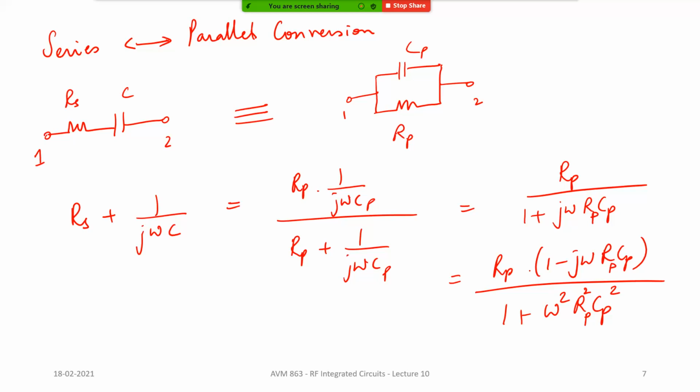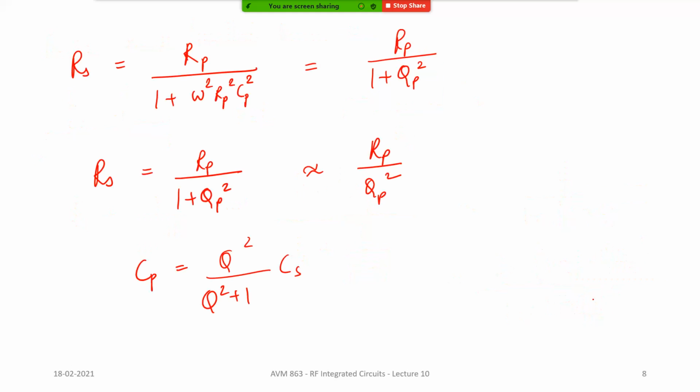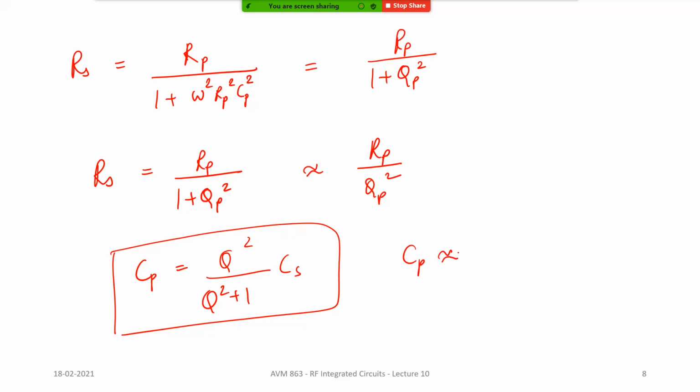So 1 by omega Cs is equal to omega Rp Cp divided by this 1 plus Q squared form. These are very important expressions. This Cp for a sufficiently higher value of Q can be written as almost equal to Cs.